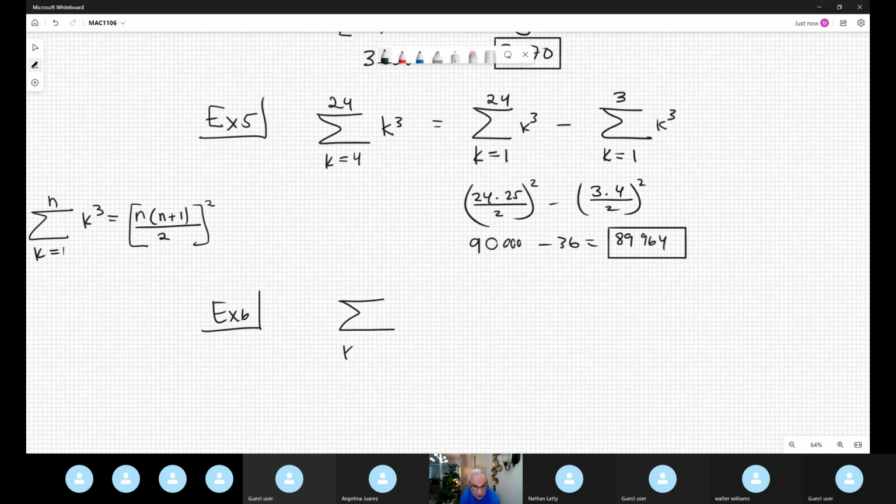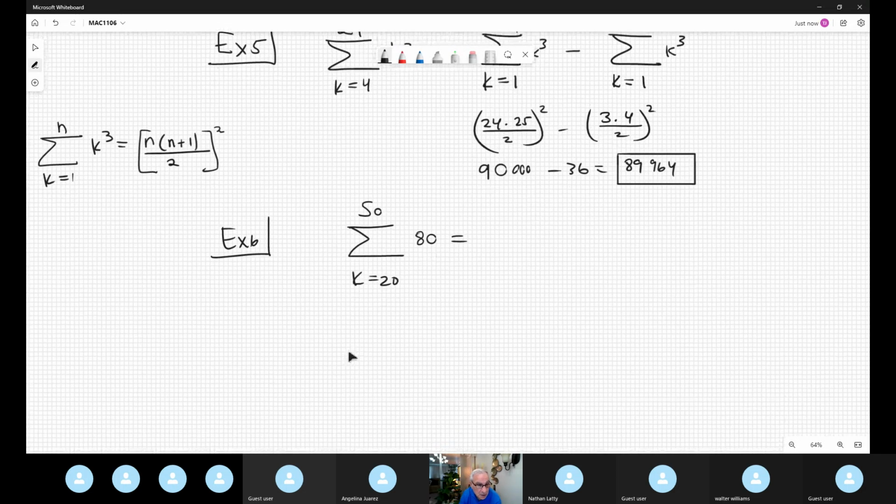Suppose from k equals 20 as the lower limit to 50 as the upper limit, and the sequence inside is a constant, not depending on k. Oh, professor, you explain to me that this is multiplication, no? Yes, it is multiplication, and I agree with you 100%.